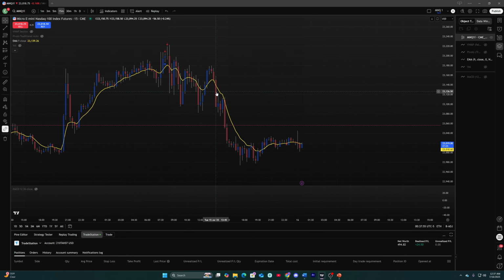Let's take a look at this downtrend right here with the 9 EMA. At noon, 12:15, we had a good bullish trend that started reversing. You can see we got to the 9 EMA line, came over here where this candle opened, shot up, and then dropped well below.